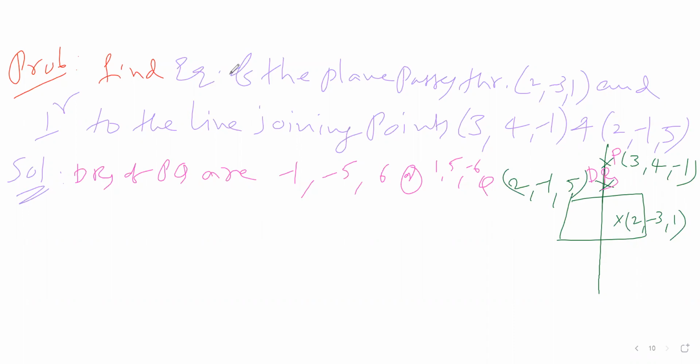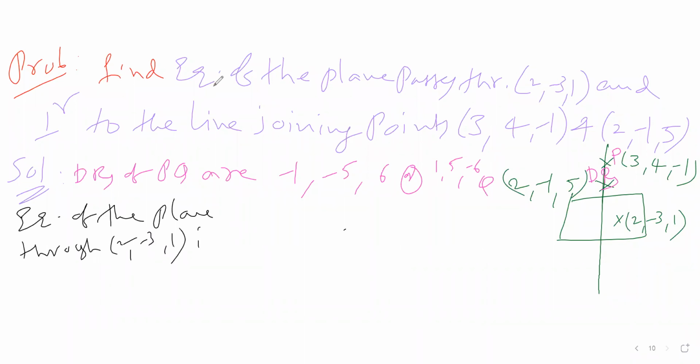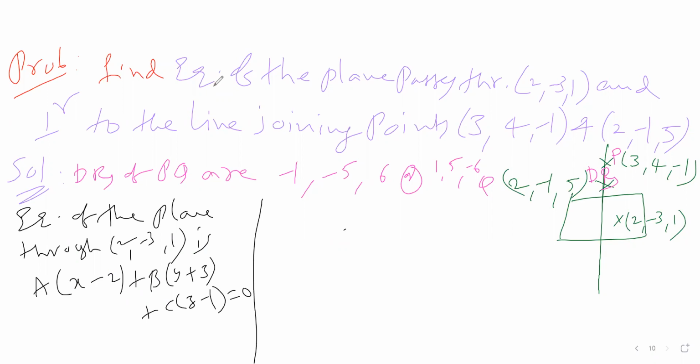What is the equation of the plane? The equation of the plane through the point (2, -3, 1) is a times (x minus 2) plus b times (y minus of minus 3, that is y plus 3) plus c times (z minus 1) equals 0.